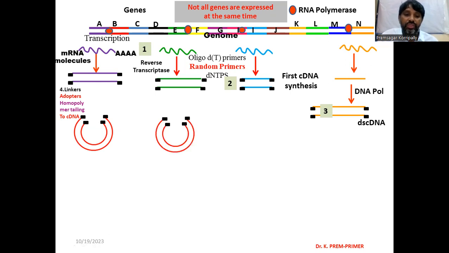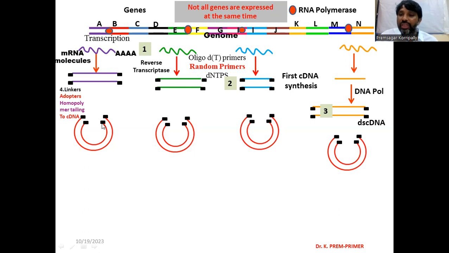So you see, this is one more vector, right? So now you have a double-stranded cDNA molecule with cohesive ends, and the vectors also have cohesive ends. The next step is ligation.